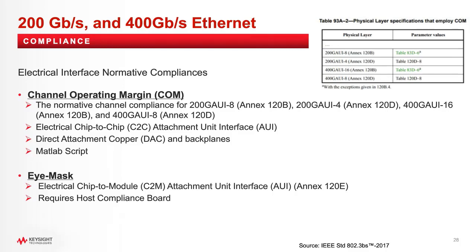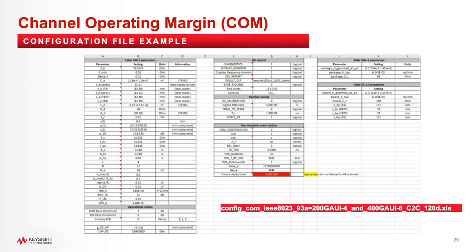The COM calculation is basically based on a MATLAB script. For IMASC, however, it is used for C2M AUI based on Annex 120E, and it really requires a host compliance board. For COM calculation, it requires a COM configuration file.